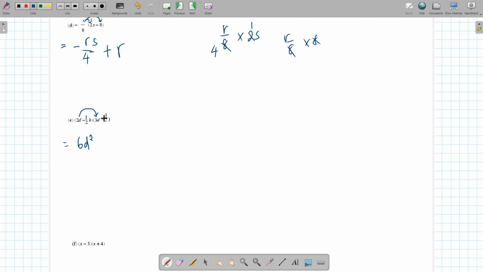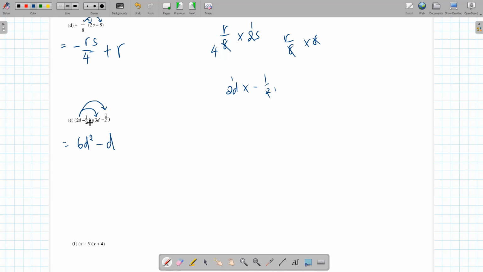We are done with the first one, then we move to the next term. 2d times negative 1 over 2. If you cannot see here, you can always do it at the side. We simplify, so we get negative d.